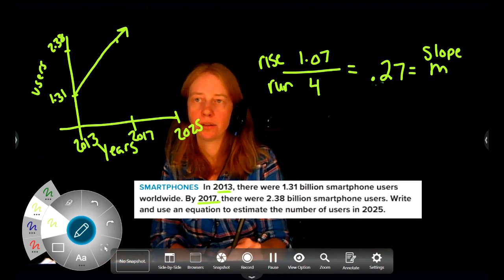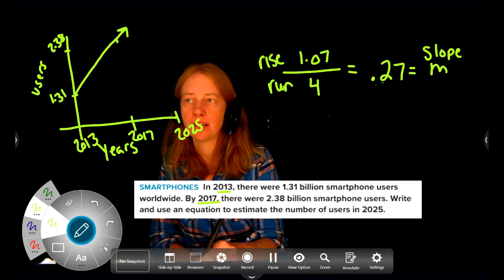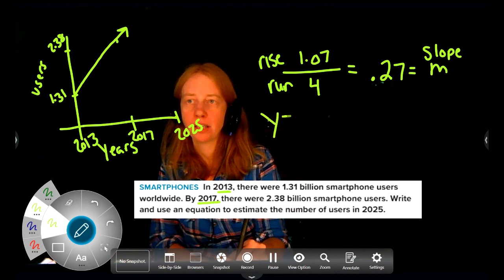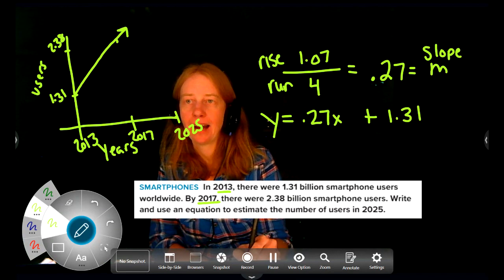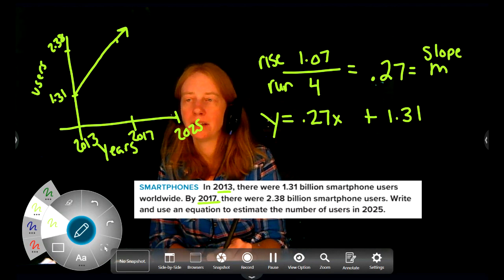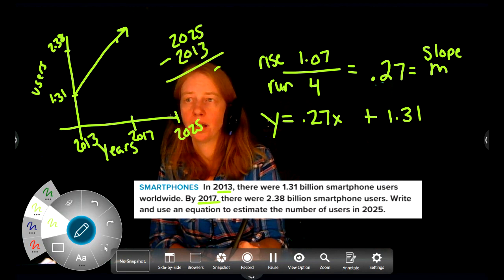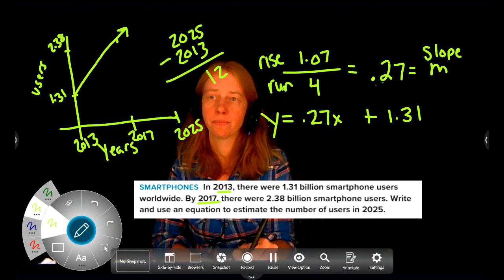Okay, because we need to write an equation. And our y-intercept is this. So we've already got all that we need. So y equals 0.27x plus 1.31. Now, to estimate how many users there were in 2025, we need to figure out, well, what year even is that? What is our x going to be? Okay, so 2025, how many years has that been since 2013? 12 years.